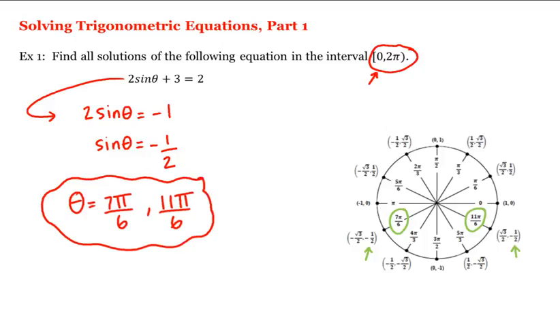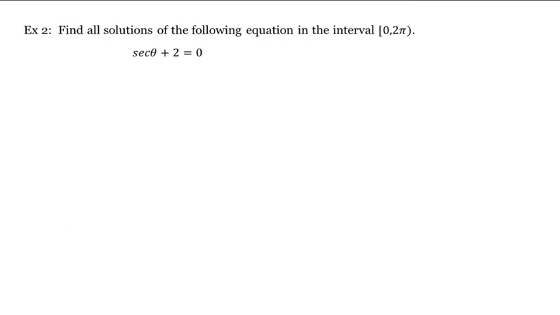All right, let's look at another example. Again, let's solve this equation only on the interval 0 to 2 pi. We can begin by subtracting 2 from both sides, which gives us secant of theta is equal to -2.